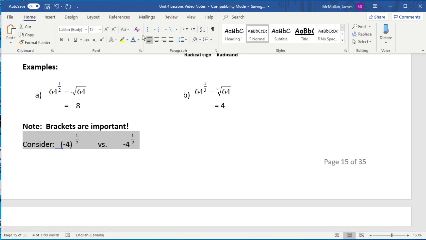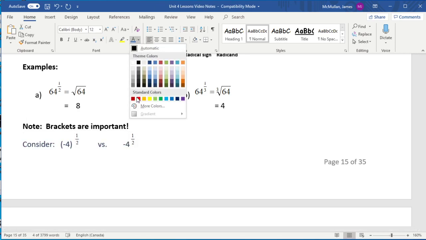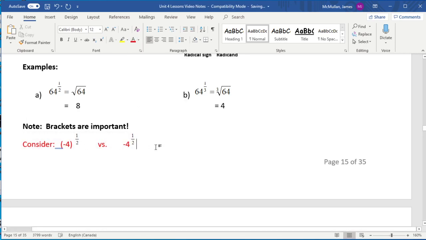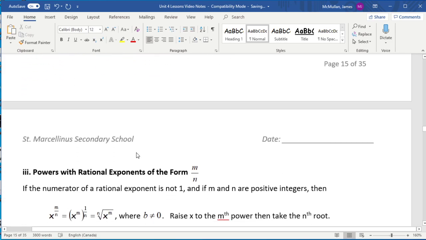By the way, a lot of marks get lost in this unit because people don't respect this difference. Why is -4 to the power of 1/2 different than the negative of 4 to the power of 1/2? Again, consider your order of operations, okay? If this question goes unanswered, I will answer it, of course, but I want you guys to try it first.